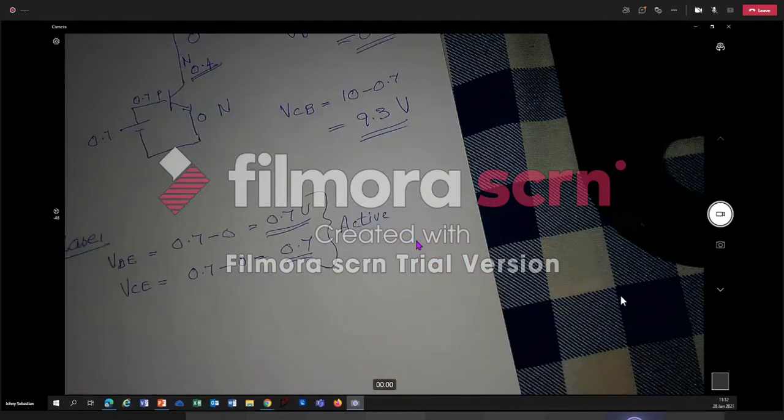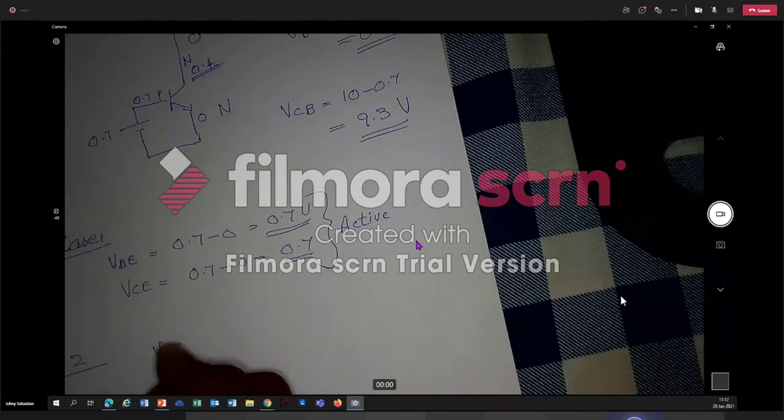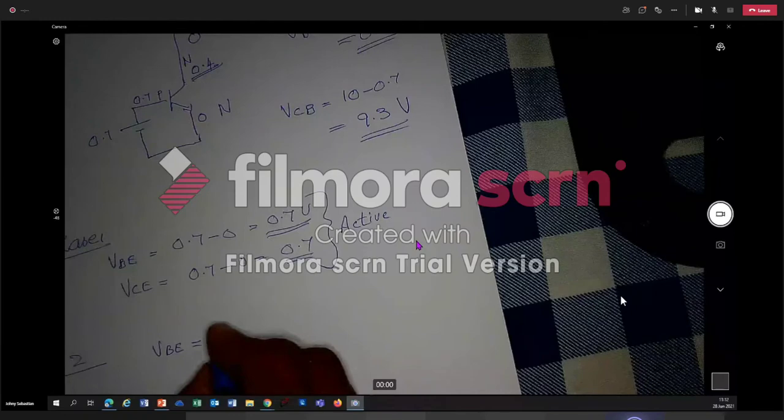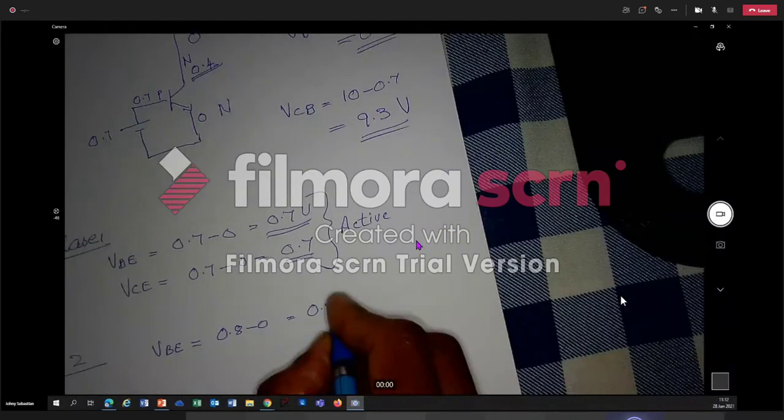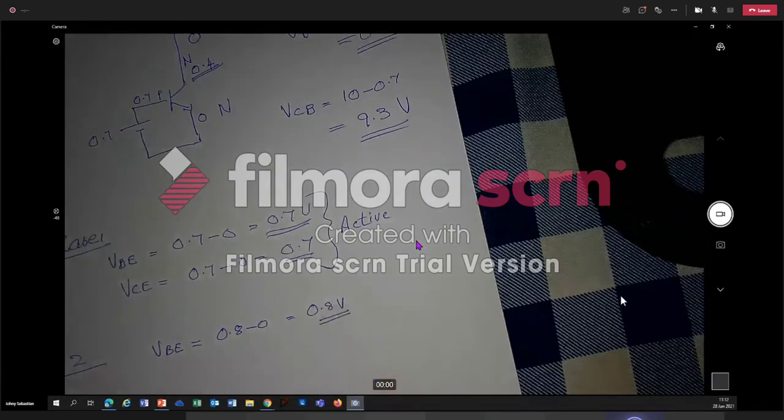Let's take case 2. Find VBE. Voltage at the base is 0.8 minus 0, that is 0.8 volt. This is not good enough to decide if it is saturation, active, or cutoff. We need VCE.